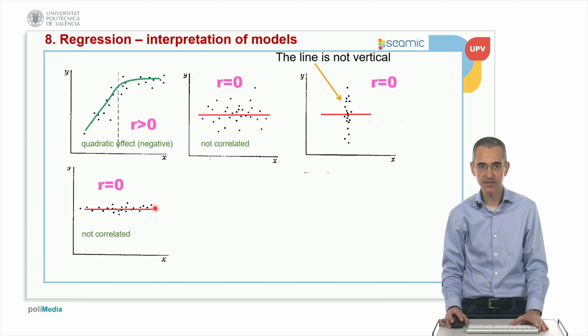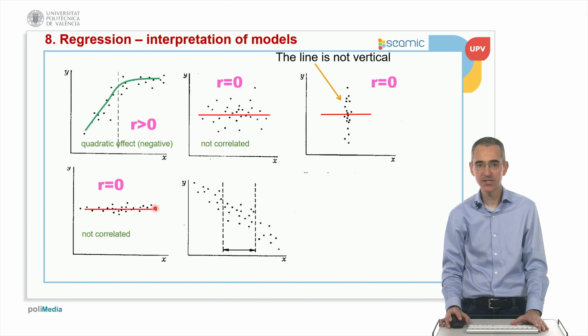The slope is horizontal. And then this is a case of a negative linear effect, a negative correlation. But imagine that here we have points that go down, that decrease. And then imagine that in this central part, the points basically follow a horizontal shape. And then again, in this last part on the right side, imagine that again the points go down. Well, that would correspond to a cubic effect.